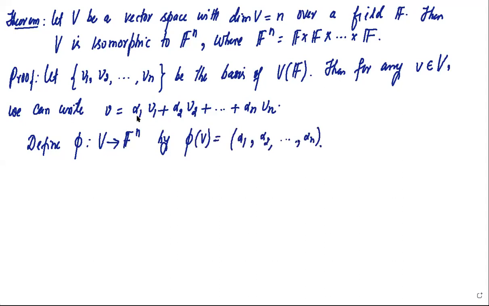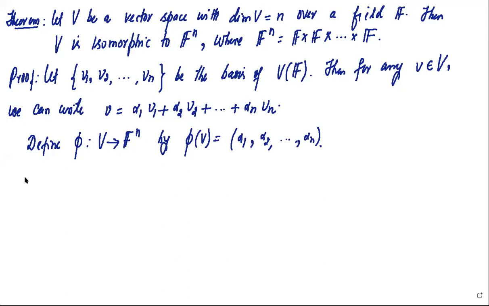So these coefficients that we have taken from the field F to express this V as a linear combination of these basis vectors, we define this mapping pi of V to be an n tuple where the coordinates are the coefficients of the Vi's. Then we will show that this mapping is a linear mapping and it is also a bijection.